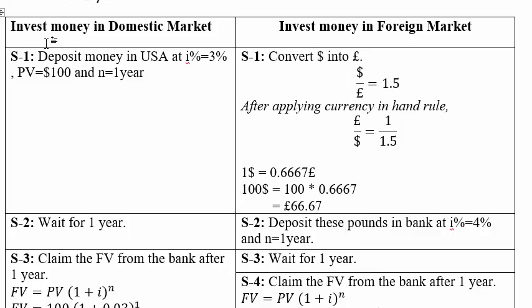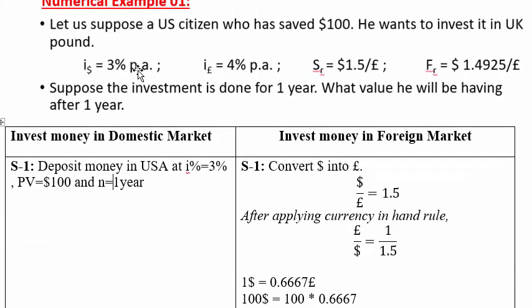Now if he selects to invest money in the domestic market, his step number 1 would be to deposit money in the USA. The interest rate will be 3% per annum. The money that he deposits is $100, for 1 year.